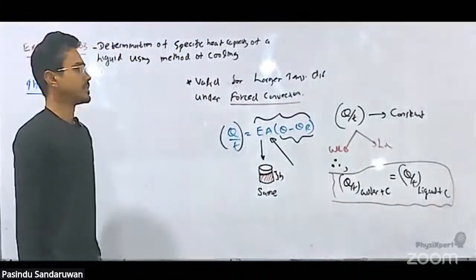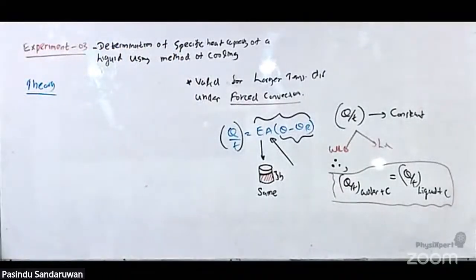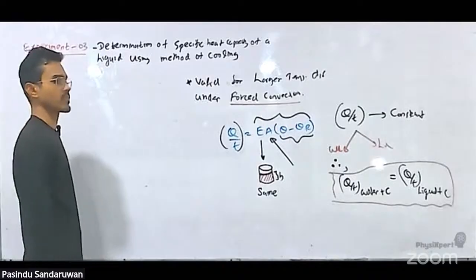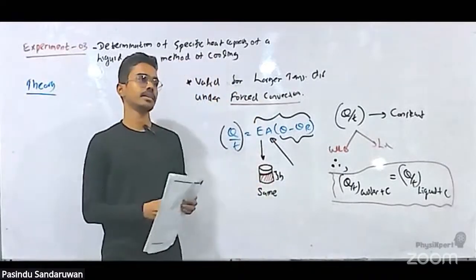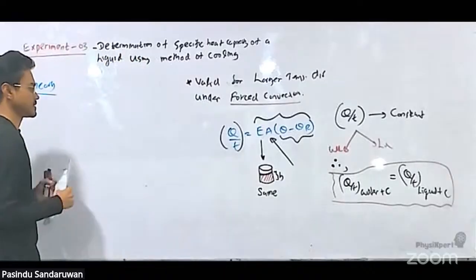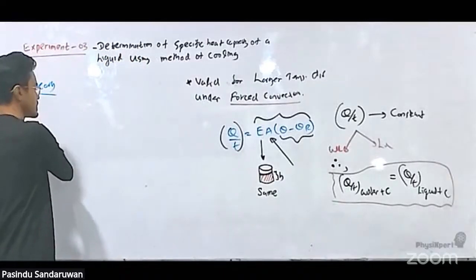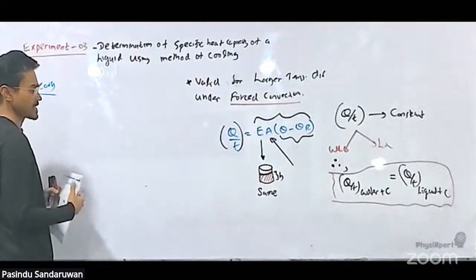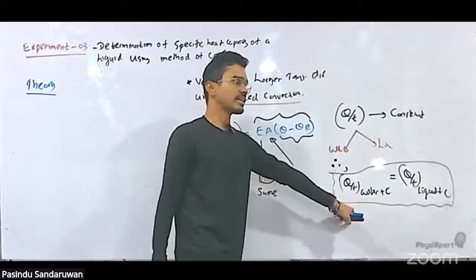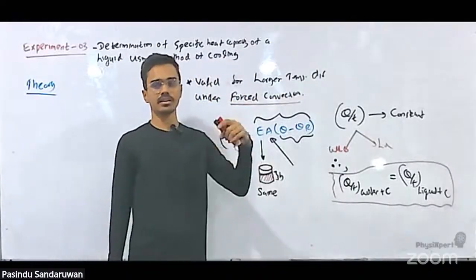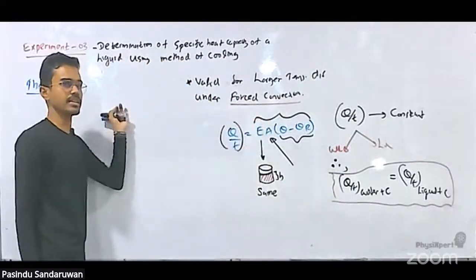Listen now. I'm going to explain the method of the experiment. To write the equation, we need readings, and to explain the readings, I have to explain the experiment.